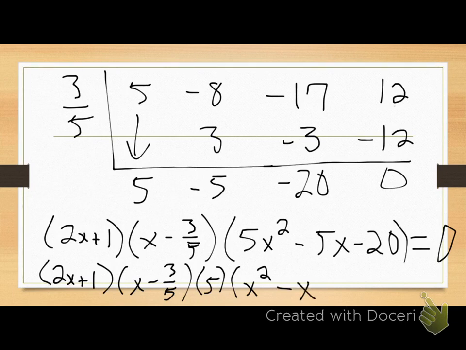Negative x. 5 times -4 would give me -20. Everyone okay with that? Okay, yesterday I factored out a 2, didn't I? What did I do with that 2 so I didn't lose it?